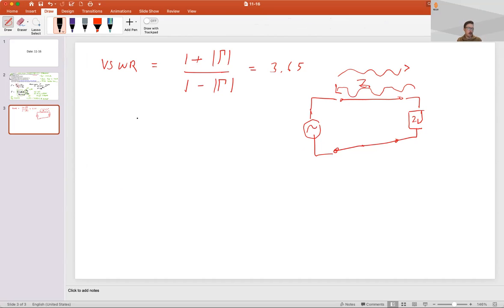Now, what about the position of the voltage maximum nearest the load? Did anyone finish that calculation? So this is asking, like we just spoke about, we have the transmission line like this, and this is where the load starts.